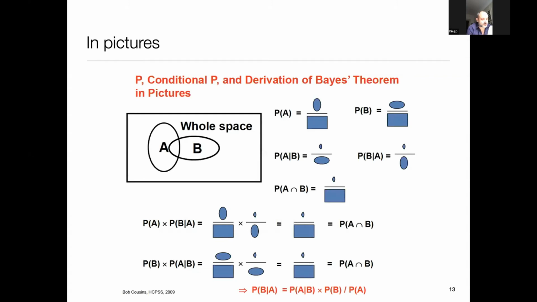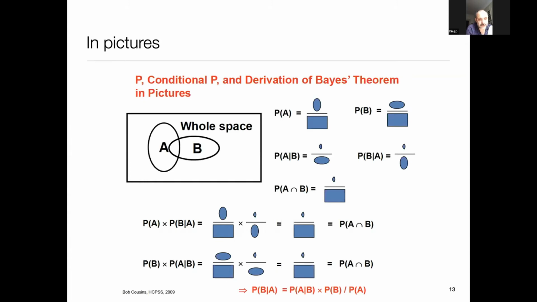If you look at the probability of A given B, you're restricting your sample space to B, you remember. So at the denominator, you no longer have the rectangle, but you have the horizontal ellipse. And at the numerator, you get just the small fraction of A that belongs to the horizontal ellipse of B. So you have this small thing there.